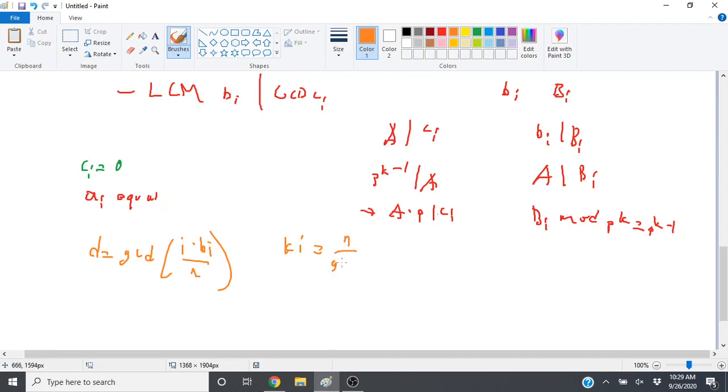So the lowest K is equal to something like N over the GCD of N and I. Then the total effect we have on each element is Ki over N. So if we substitute this in for K, we get I over the GCD of N and I, and multiplying this by BI because we have to have that effect.